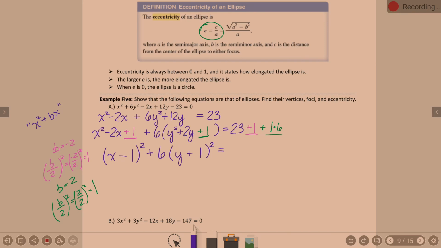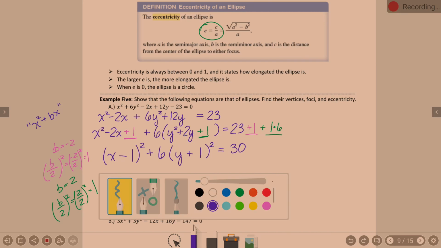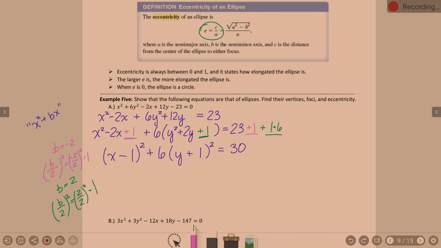Now, first example yesterday, I think it was, how do we make this standard form? That 30 needs to be a 1. How do I make that 30 a 1? Divide by 30. So we're going to divide everybody by 30, which means I'm dividing my x minus 1 squared by 30, my 6 times y by 30, and my 30 by 30.